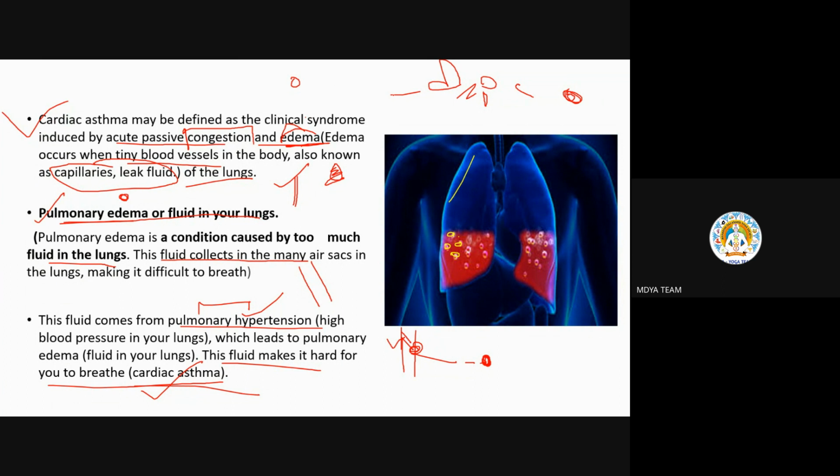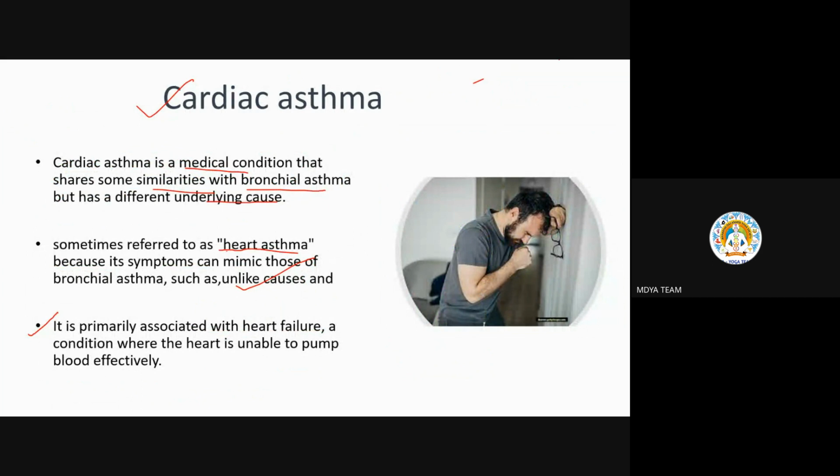Whatever amount of oxygenated blood our body asks for, the heart will not be able to give, because oxygen is not coming properly to the heart through the lungs. As we understand, from the right ventricle blood goes to the lungs, and from the lungs it goes to the left atrium.